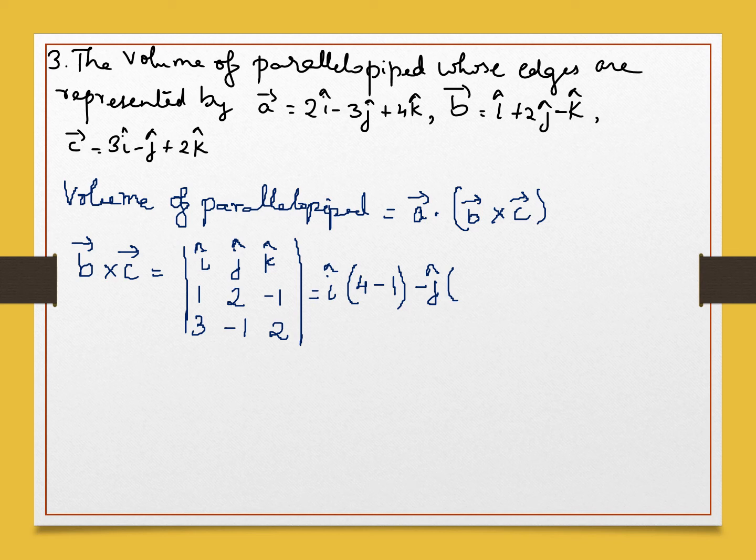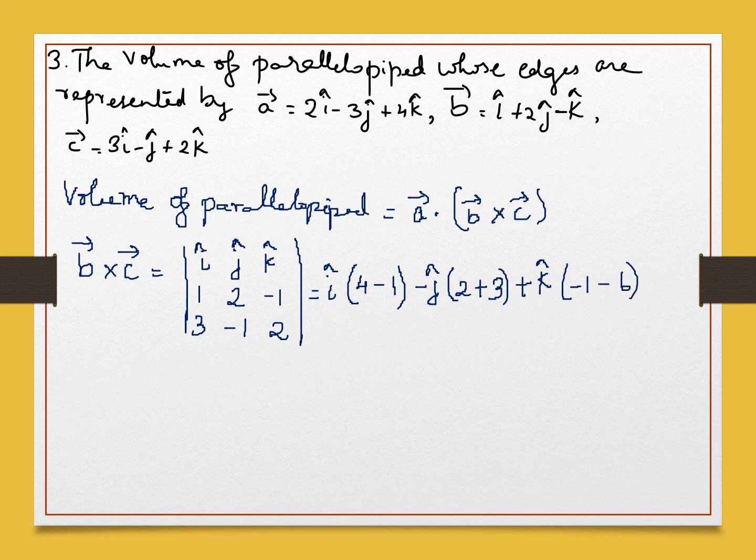So 2 into 1 is 2 minus of minus 3, that will be plus 3. Then k cap: ignore the first row and the last column, 1 into minus 1, so minus 1, minus 3 into 2 is 6, so minus 6.